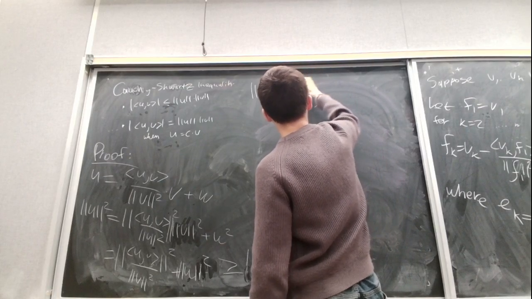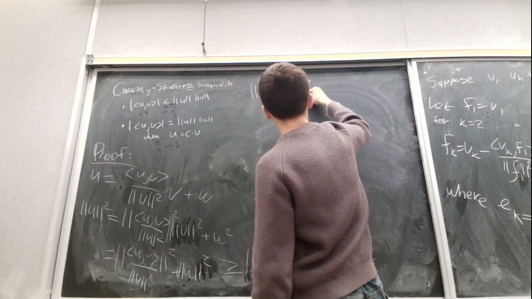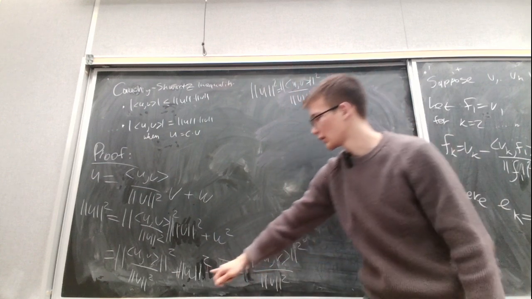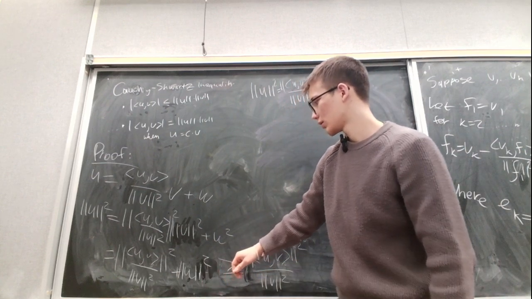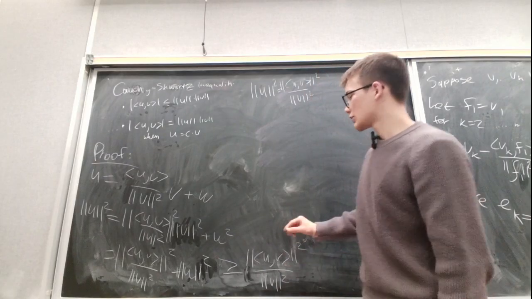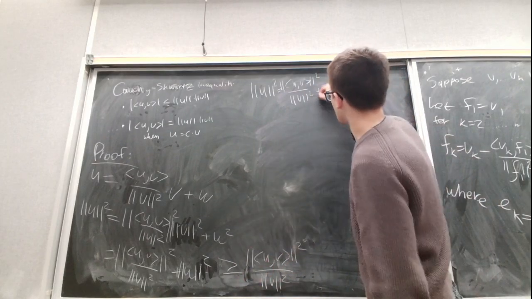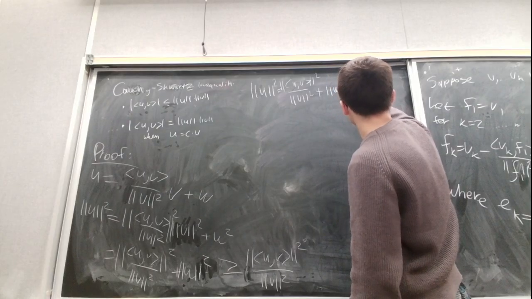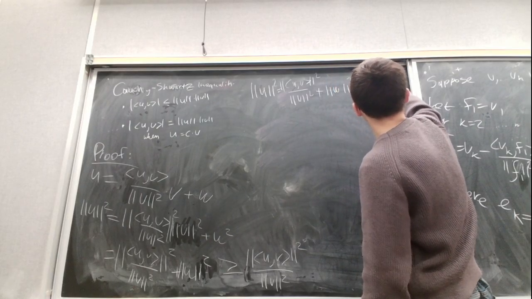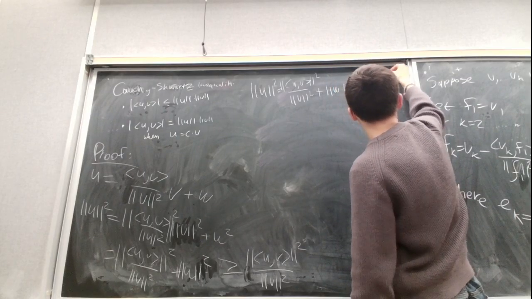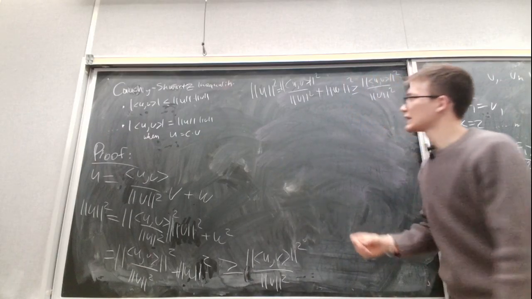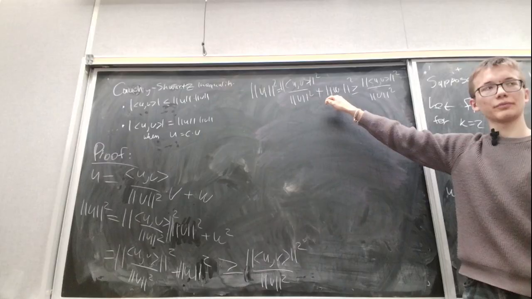Did the norm move to just the top at the end? Here, yeah, the last time, with the V squared though. So we just say that this is at least 0.